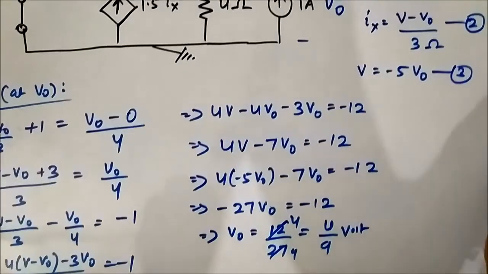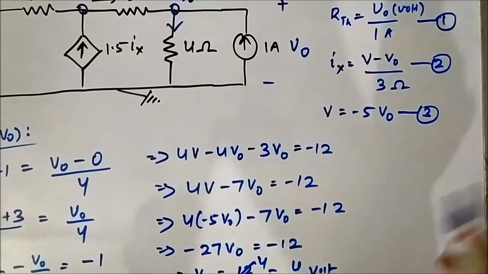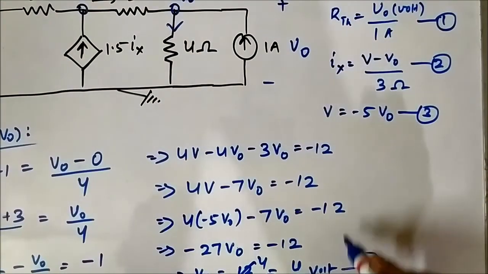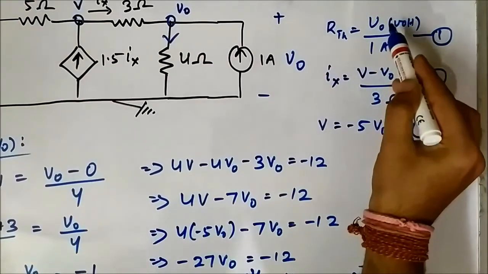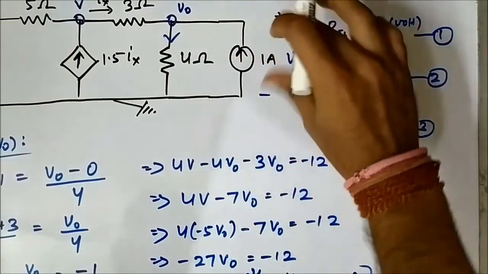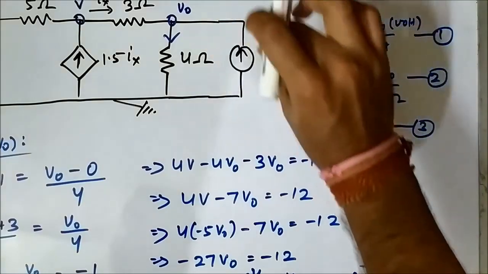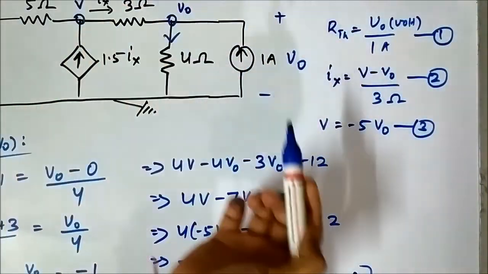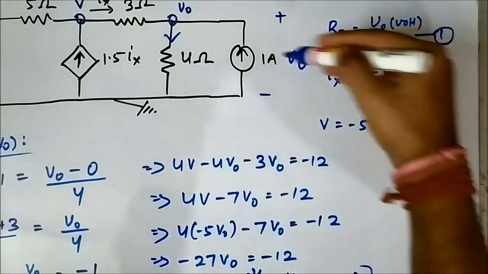Now, the relationship which we got, this is the fourth equation: RTH is V0 by 1 ampere. The voltage across this 1 ampere current source is the output voltage.